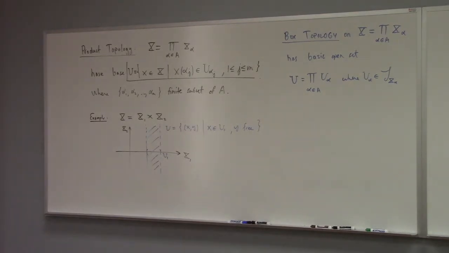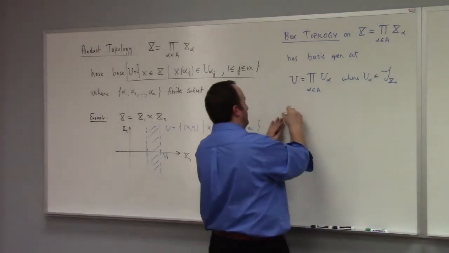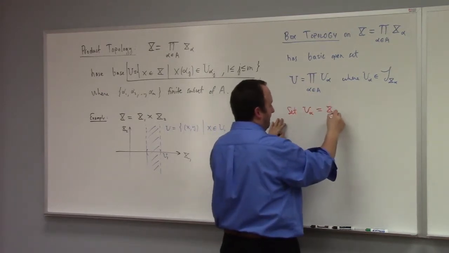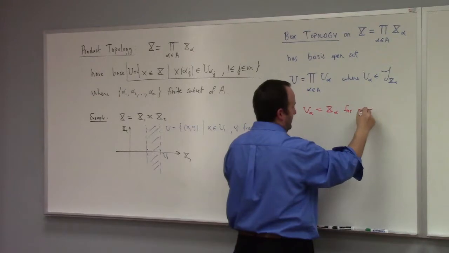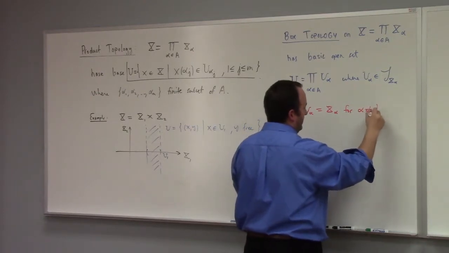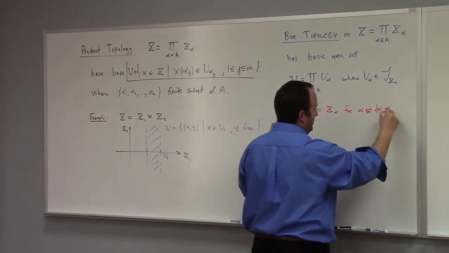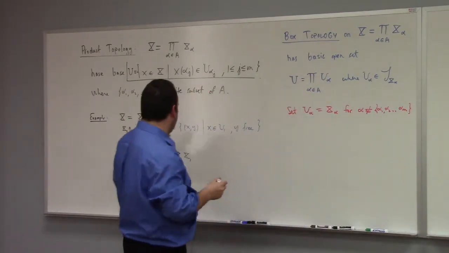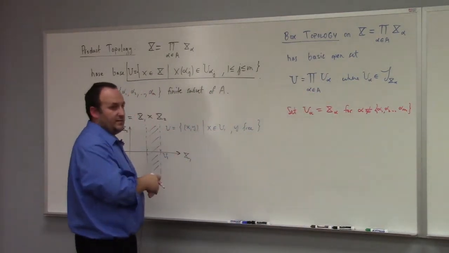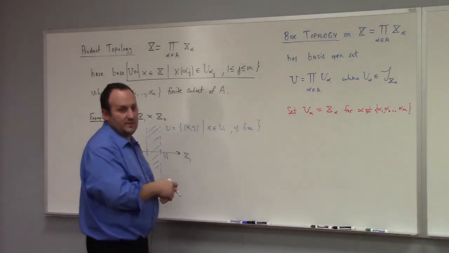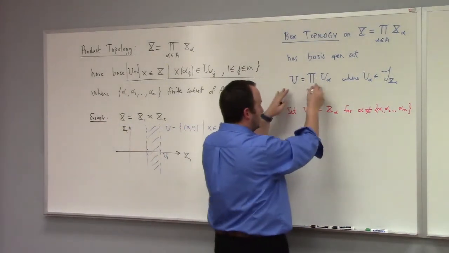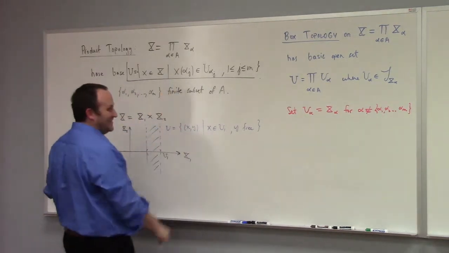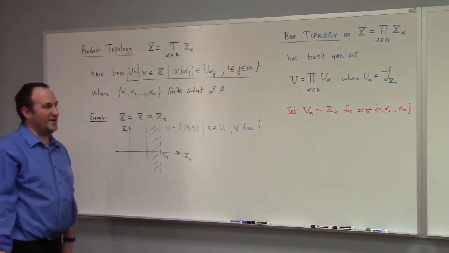So if you set U alpha equal to X alpha for alpha not an element of alpha 1, alpha 2, through alpha m, as we were talking about over here, then this U would be this U. Let me call this U tilde.